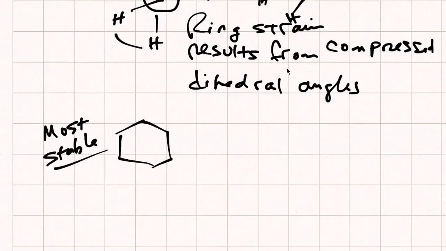Right, it's close to 109.5. If we were to take the 6-membered ring and draw it in the form of a Newman projection, we could draw it like this.